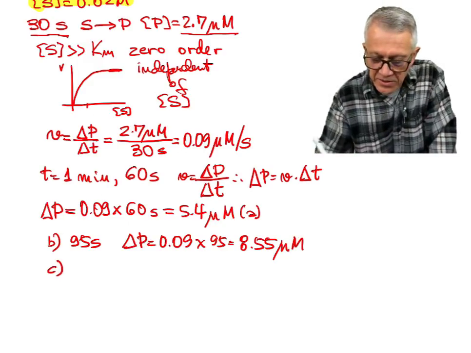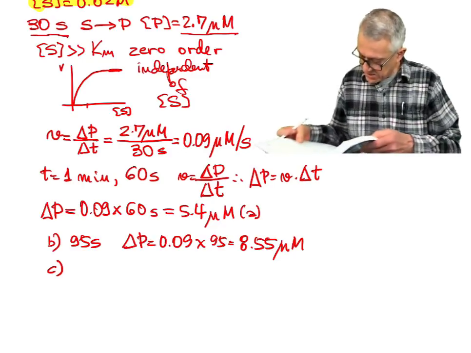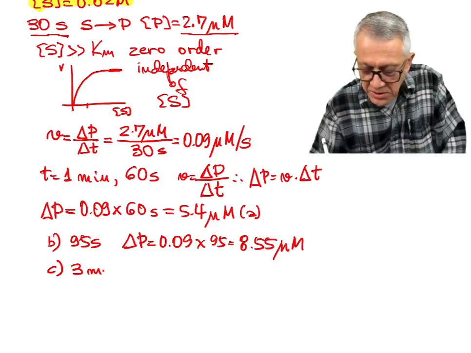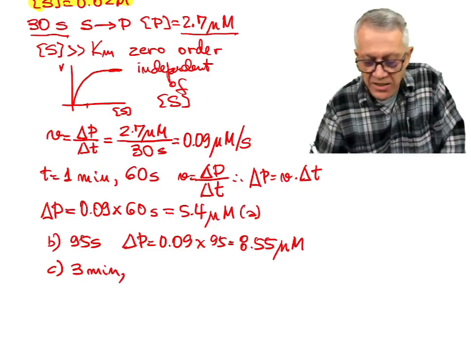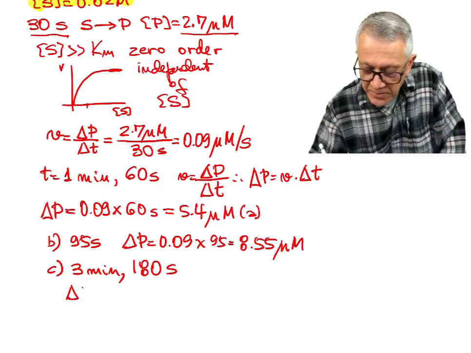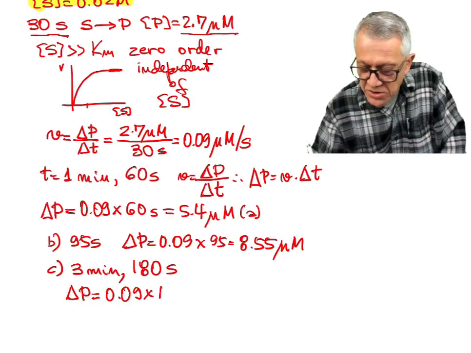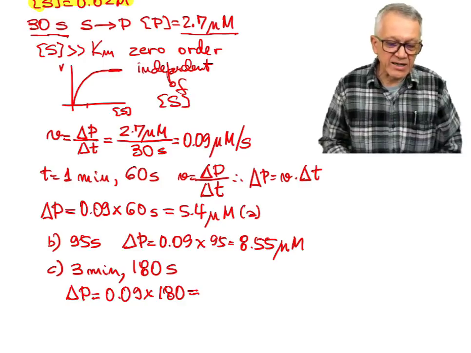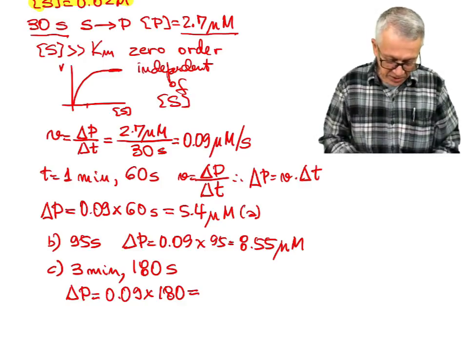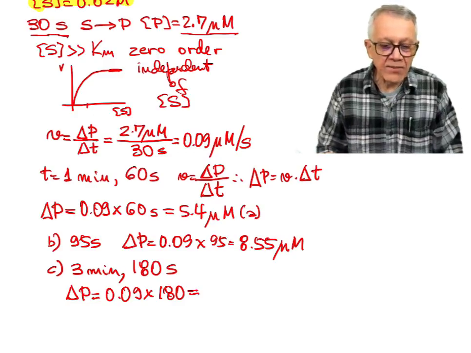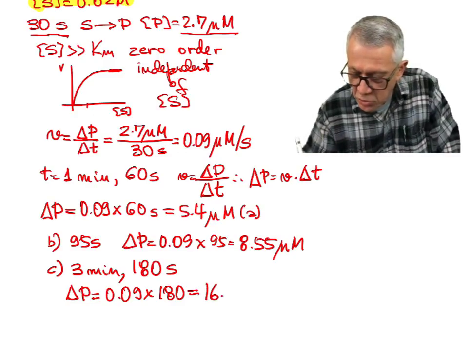Easy, right? For C, we have the same type of thing with 3 minutes. It might be better to have that in 180 seconds, to avoid any problem. Delta P is going to be 0.09 times 180. That's 16.2 micromolar.